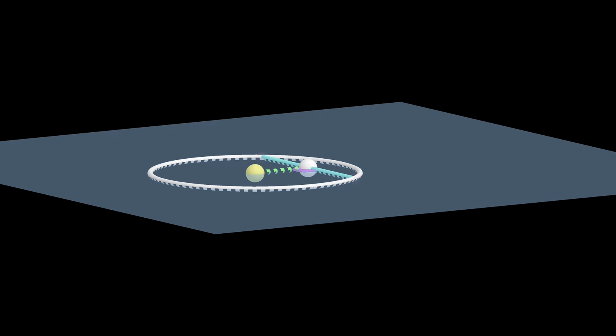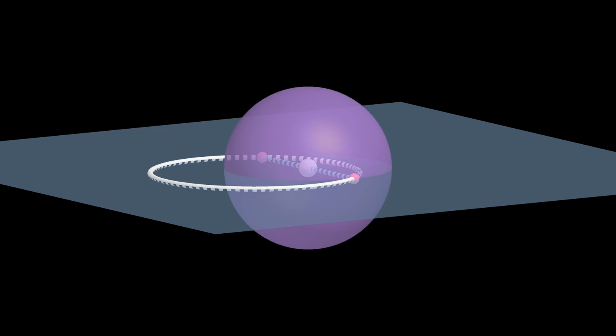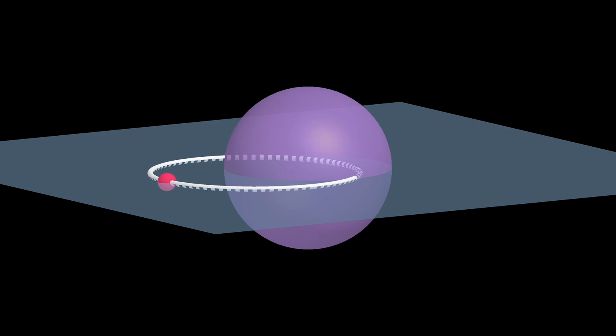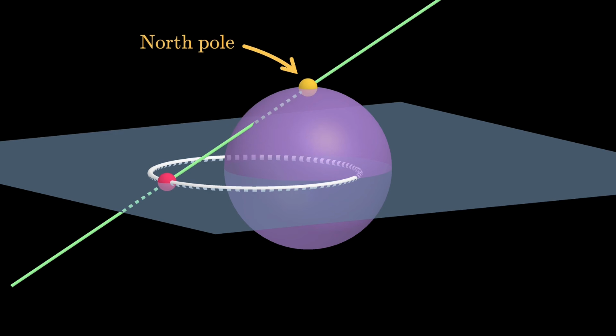For the transformation we considered, these two points at the end of the blue line stay fixed, and we pick them to form the diameter of a sphere. The hodograph can be mapped onto the sphere via something called stereographic projection. Basically, for every point on the hodograph, draw a line to the north pole of the sphere.